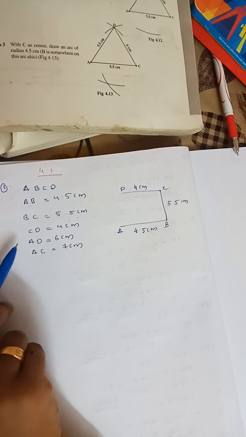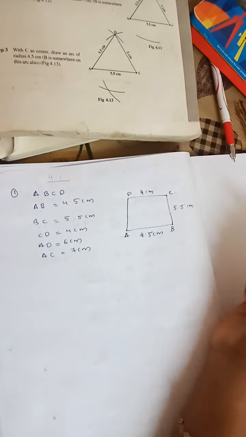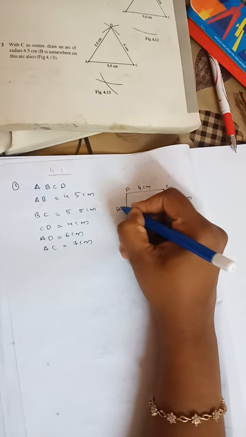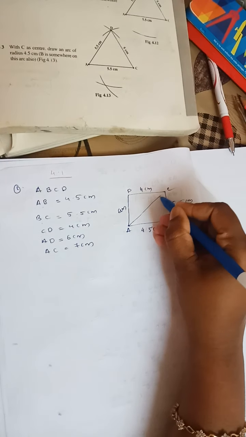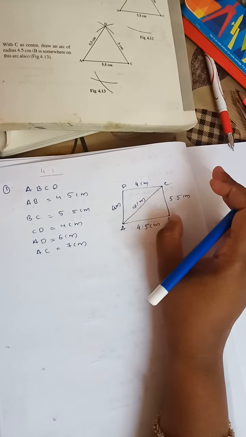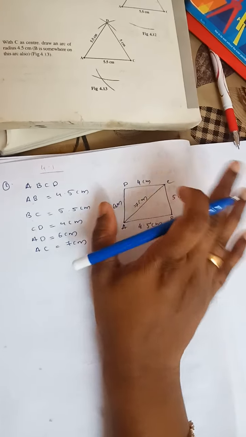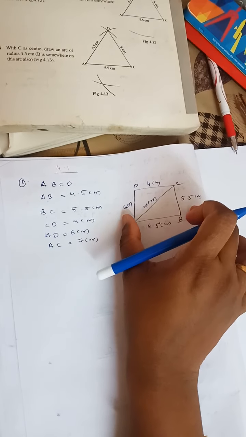AD, starting from A to D, this is the required one. AD is equal to 6 centimeter. AC, this diagonal, is equal to 7 centimeter. These are the measurements given in the question. So by using all these values, first you should figure out a rough figure.